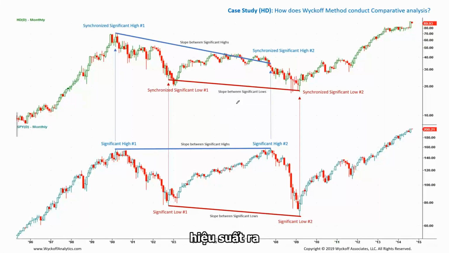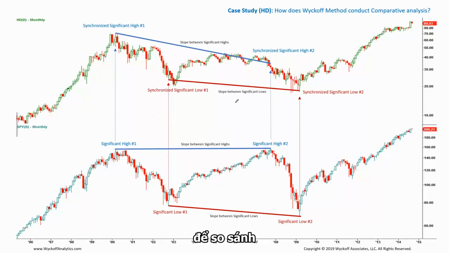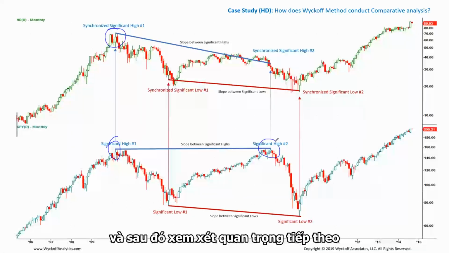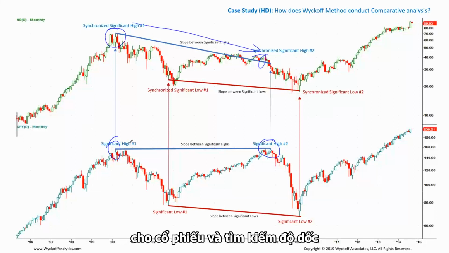the outperformance by the stock against the market, we have to compare significant highs, synchronize them, and then look at the next significant high. And look at the slope for the stock and look at the slope for the market.